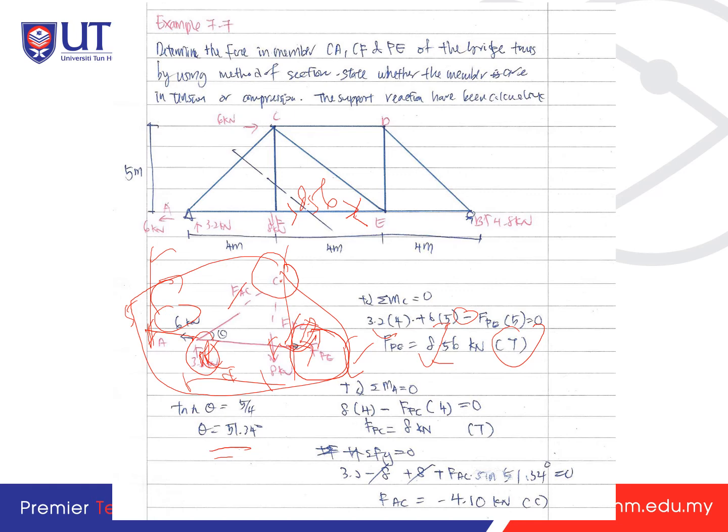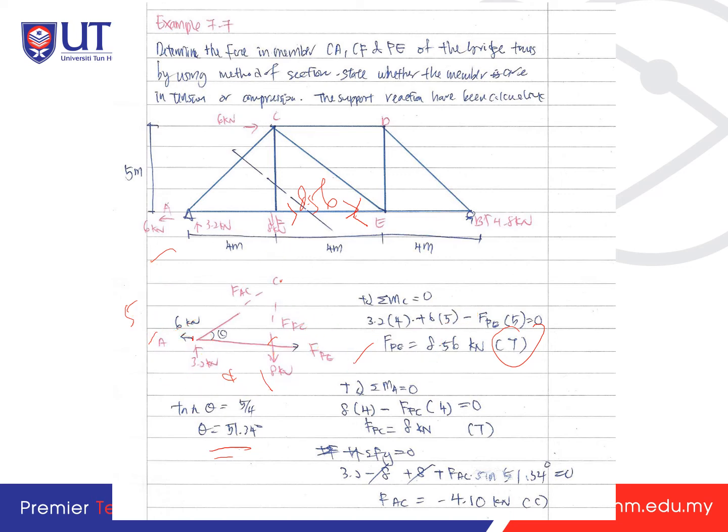Okay, so let us erase this first. So when you want to calculate at point A, which is MA here, you want to calculate about this point. What are the forces that will cause the moment? There is an 8 kilonewton force applied here, and also the FFC.